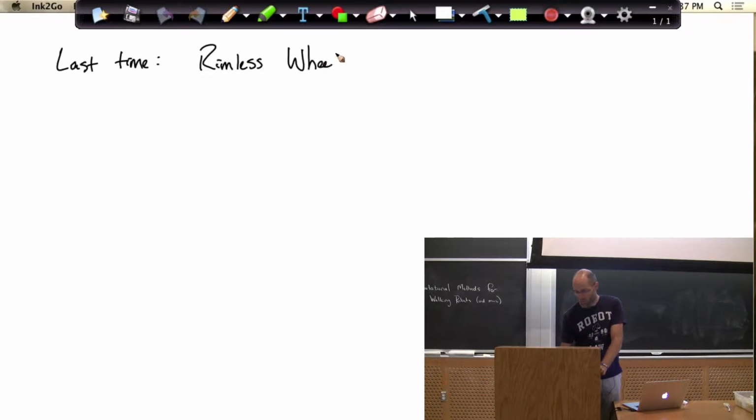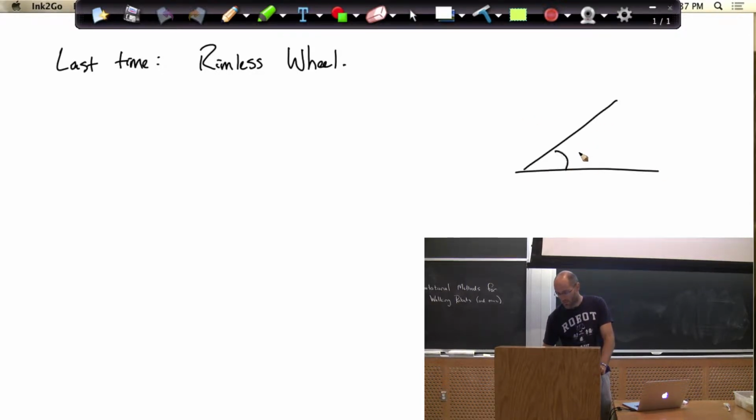Okay, so last time you'll remember we talked a lot about the rimless wheel, which was our toy model of a wheel on a slope, gamma, of a simple pendulum, basically. A point mass with some spokes coming out of it.